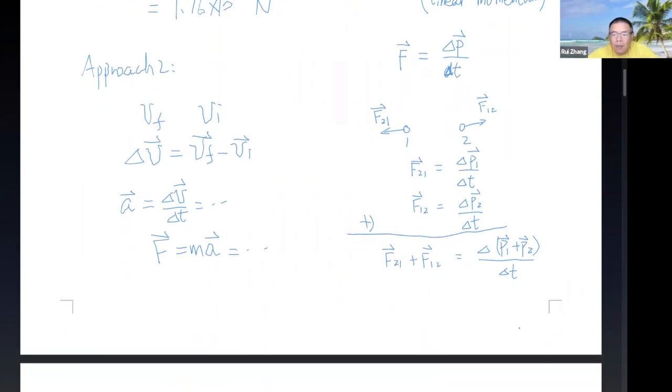Okay, here comes the important point. So what is F21 plus F12? Send me a message, tell me what do you think? Again, this is action and reaction, right? So what does F21 plus F12 equal to? Do we know this?